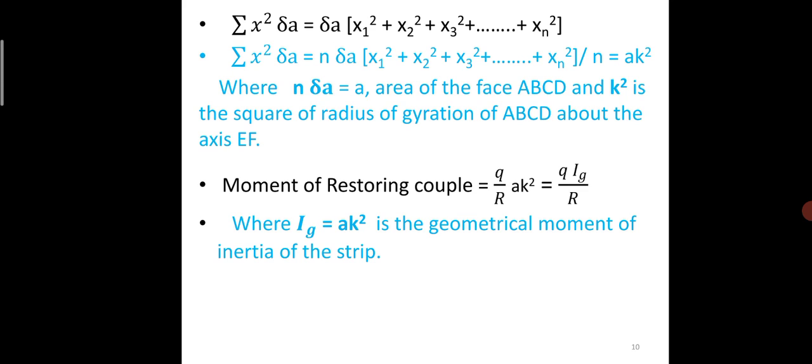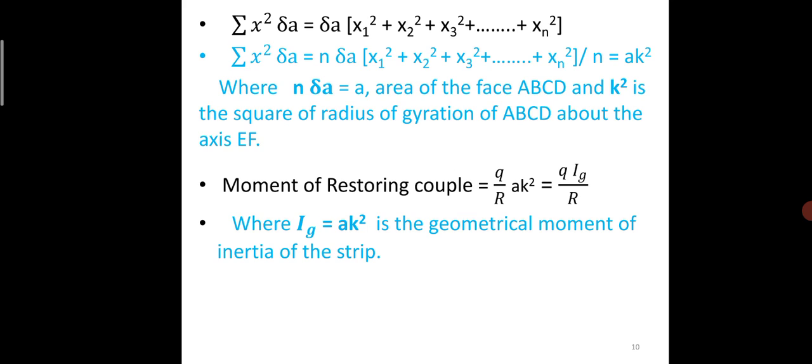Then we have n into delta A, x1 square plus x2 square plus x3 square up to xn square divided by n, and it is equal to A k square. And here A is equal to n into delta A. There are n number of small areas, and hence the total area of the strip is A, that is area of the face ABCD.